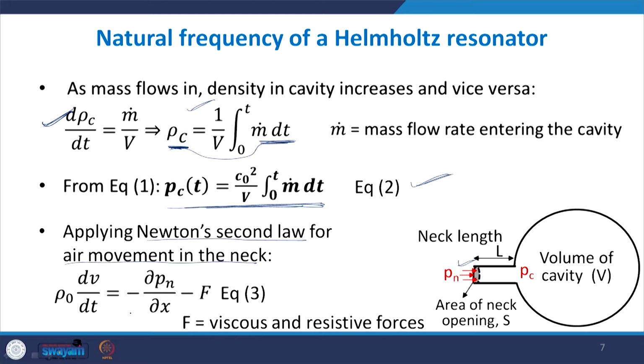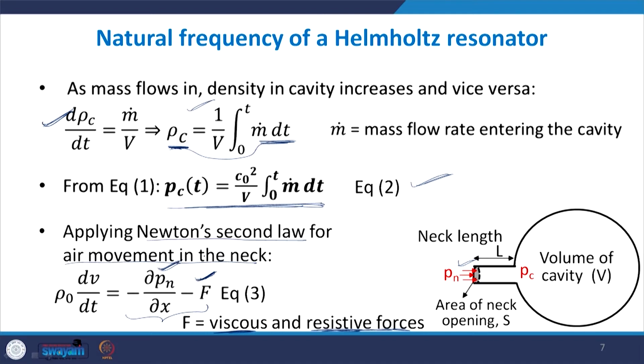We take the summation of all the forces acting, and because both of these are opposing forces, in the opposite direction of the motion, we take a minus sign. So it is the negative pressure gradient along the neck minus the resistive forces due to viscosity and any other resistive forces. Any resistance faced by the air molecules while flowing through the neck is represented by this expression.